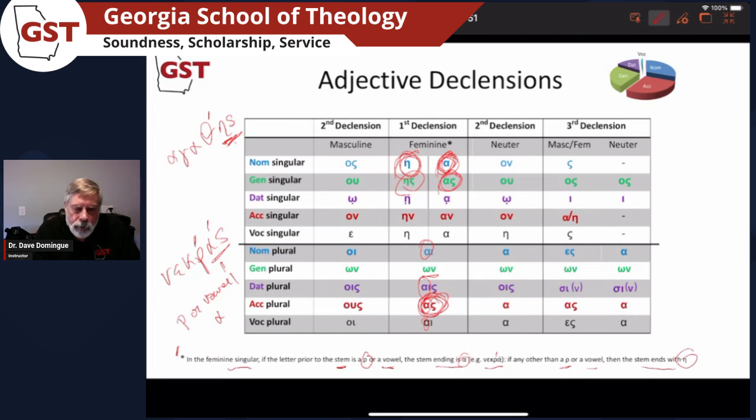Greek doesn't have an indefinite, doesn't have a. So for us to refer to it as a definitive article is a little bit misleading in that it's not definitive or indefinite. It's just the article, and the article can function as a definitive, the, or can function some other way. And so this kind of goes through it.